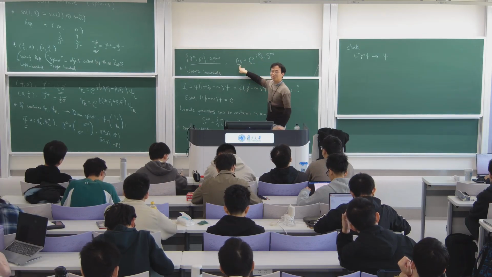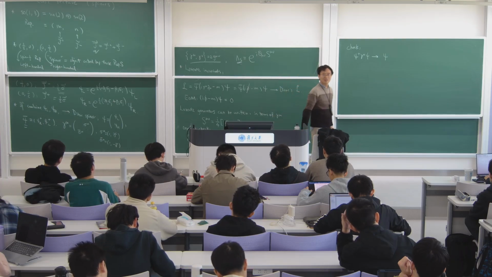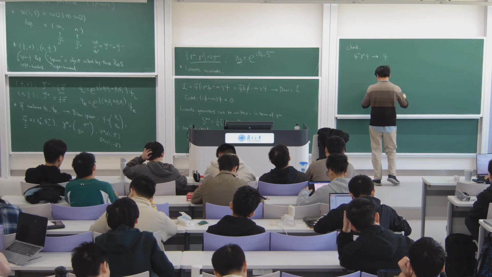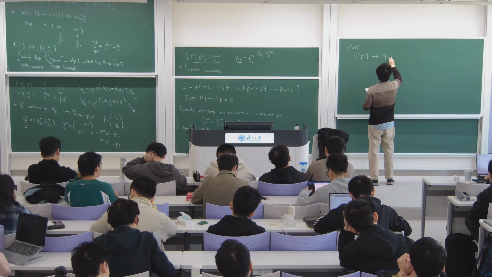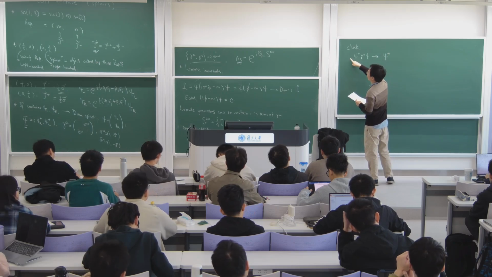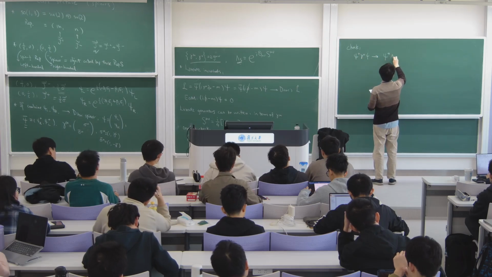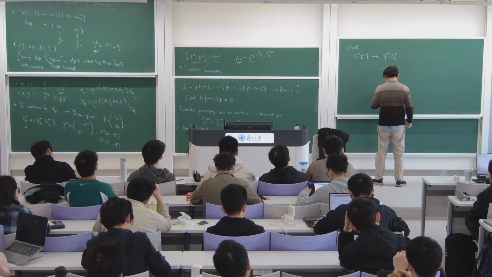This is the transformation matrix for psi, a 4x4 matrix. So psi transforms to Lambda s psi, and psi dagger becomes psi dagger Lambda s dagger.